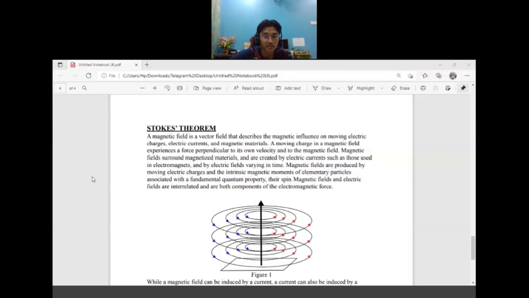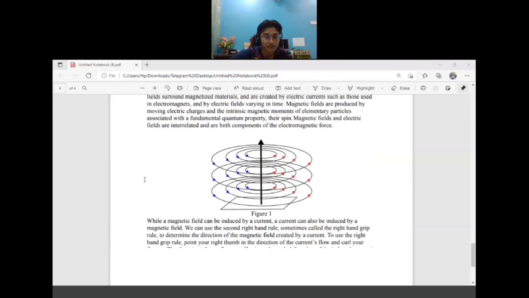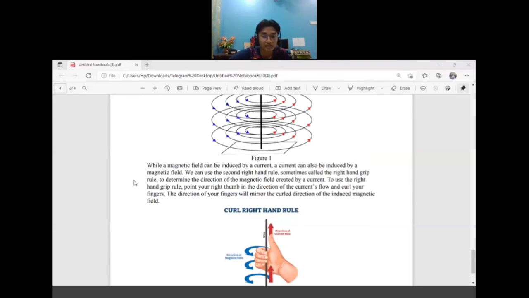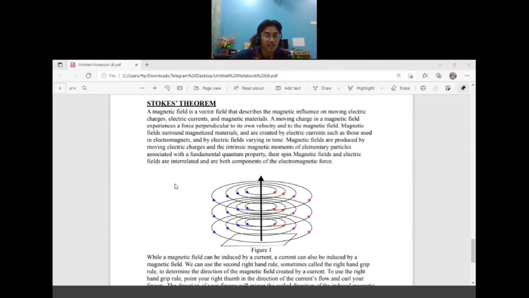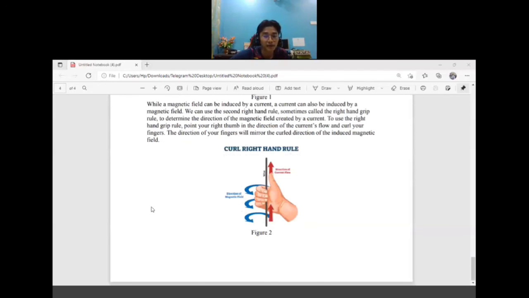Magnetic fields are produced by moving electric charge and the intrinsic magnetic moment of elementary particles. We can use the right-hand grip rule to determine the direction of the magnetic field created by a current. This is a sample engineering problem that we can relate to the Stokes theorem.